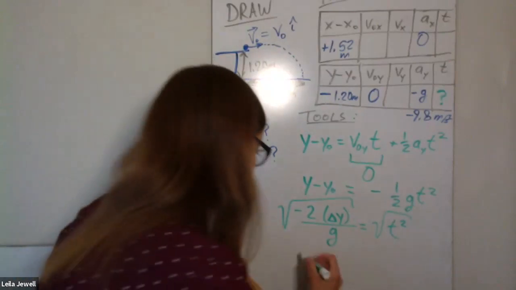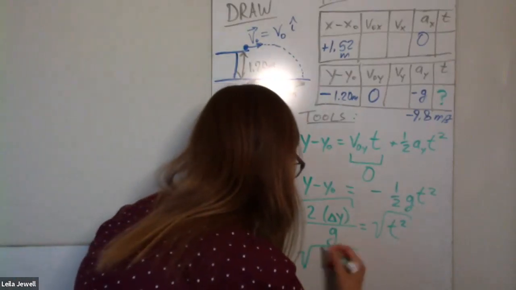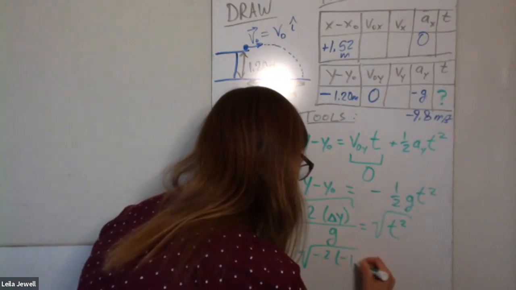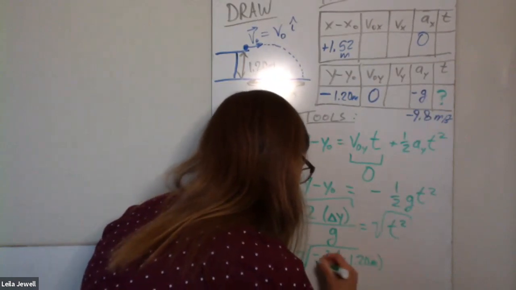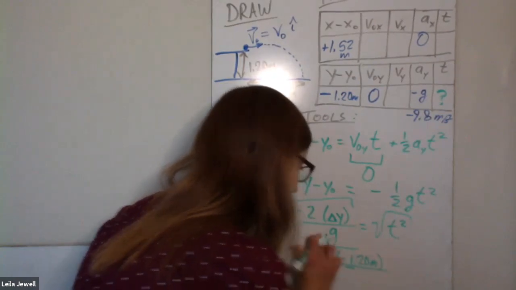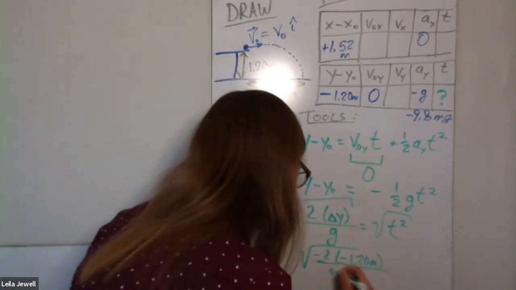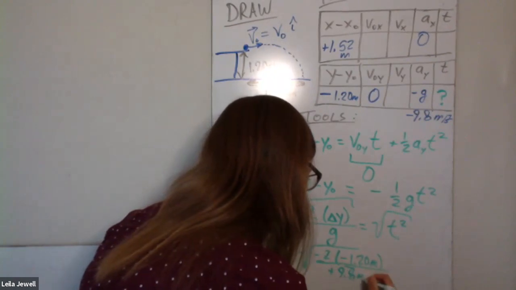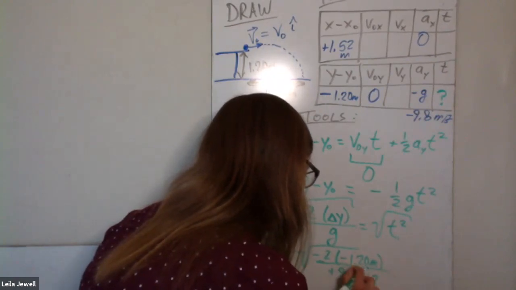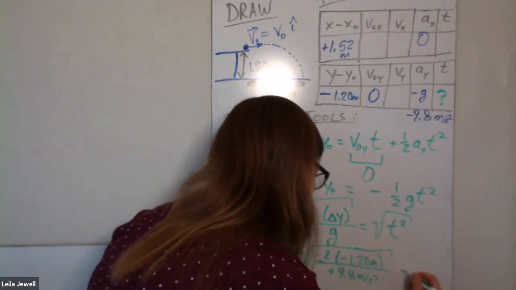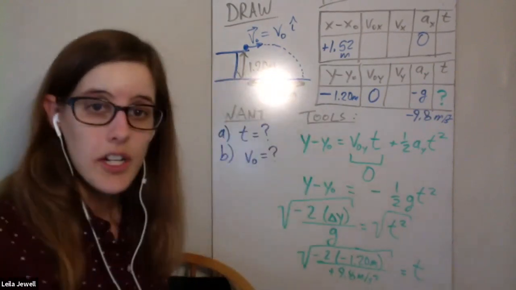We could plug in some numbers. And we'd get -2 times -1.20 meters divided by, and the g here is 9.8. We've already accounted for the negative sign. So this is positive 9.8 meters per second squared. We need to square root that. That will give us our time.